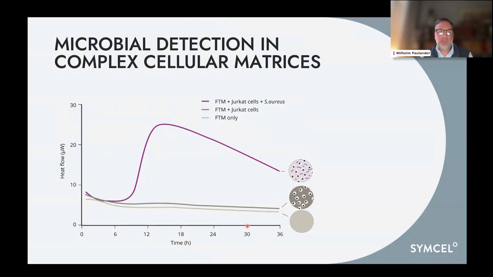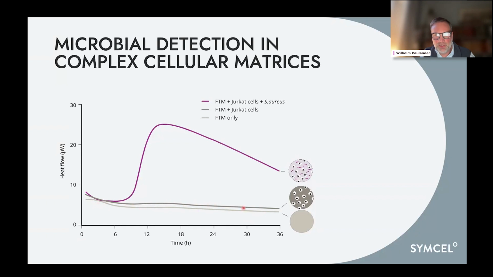A very common question that we get is how can we detect the metabolic activity or the heat generation from microorganisms, in this case, like you're seeing here, a Staph aureus, in the presence of a living product such as T cells that also generate heat. This slide is divided in three parts.